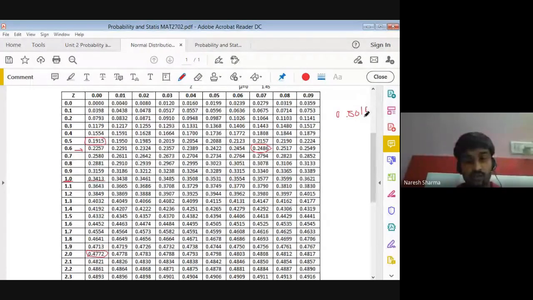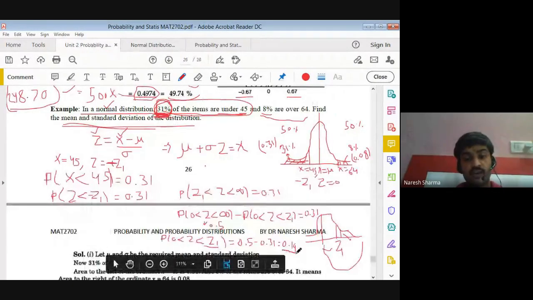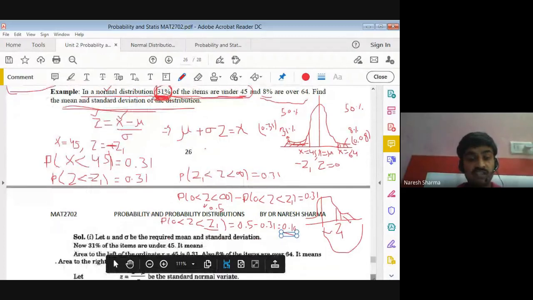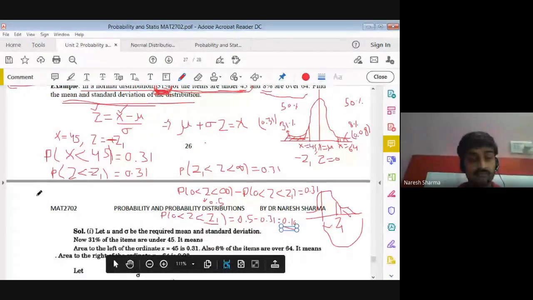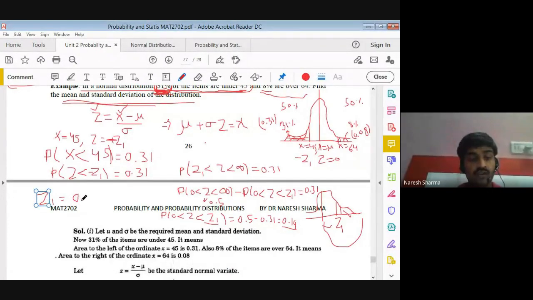And if you see this other point, it is also near 0.19, but the difference is 0.0021. Obviously we prefer this one as there is less difference, but if a slight variation is there, you can choose as per your convenience. So we choose z1 as 0.5.